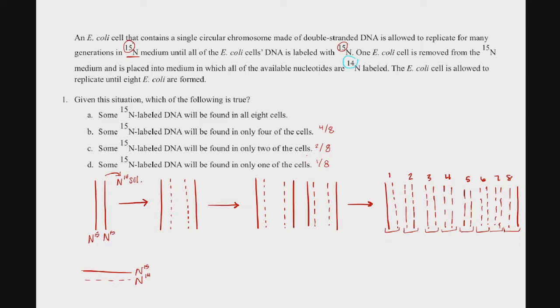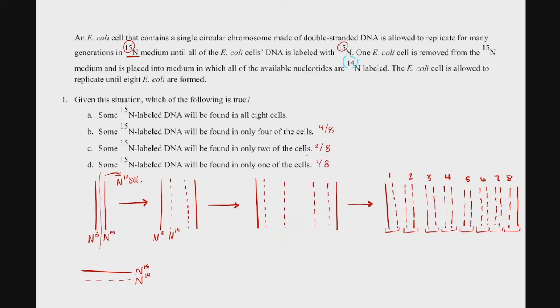Once it replicates, it's going to use that N14 DNA to replicate with, so we're splitting these two down the middle, replicating with this N14. But once we replicate again, we're still in that N14 solution.